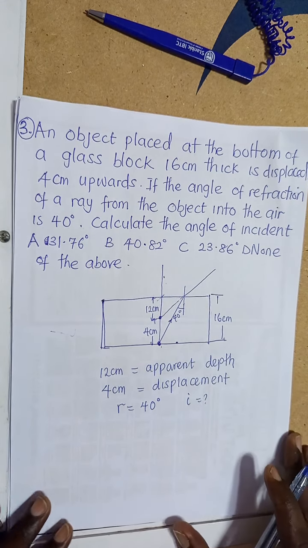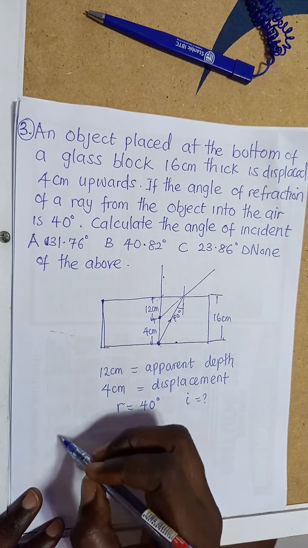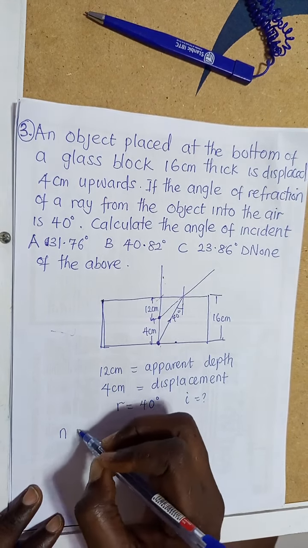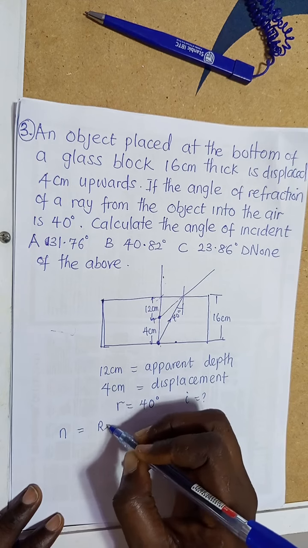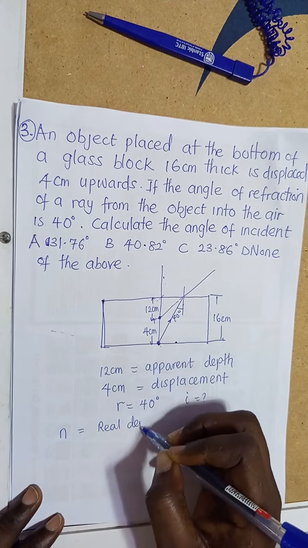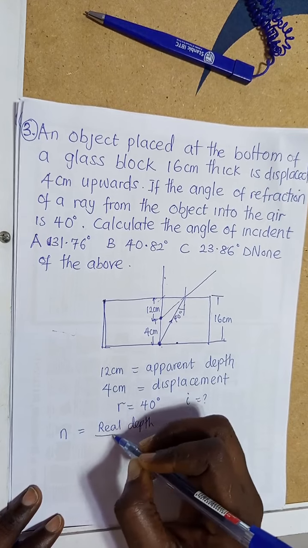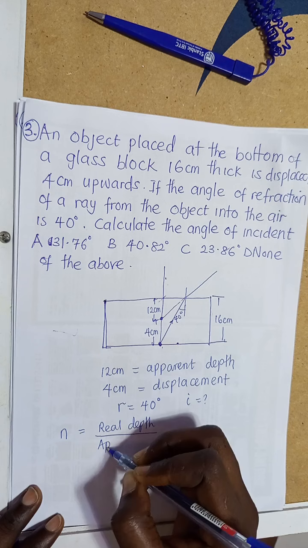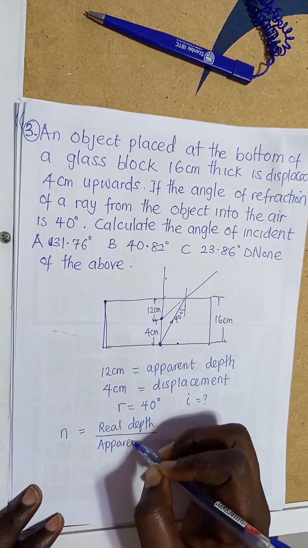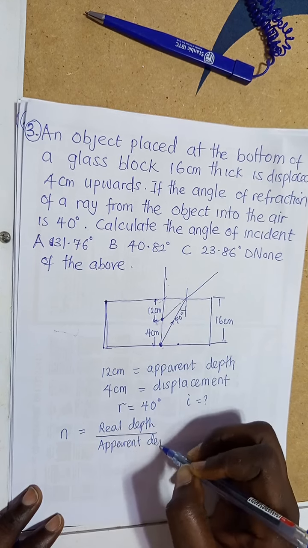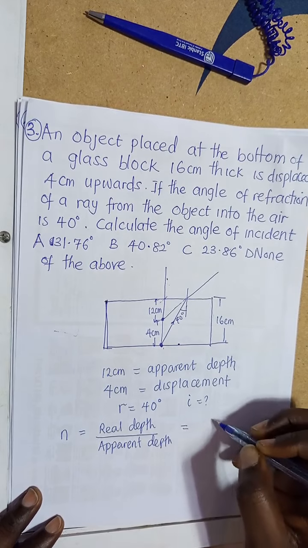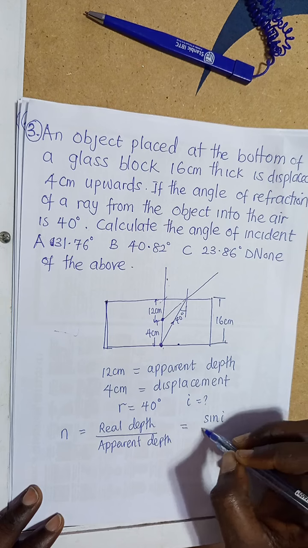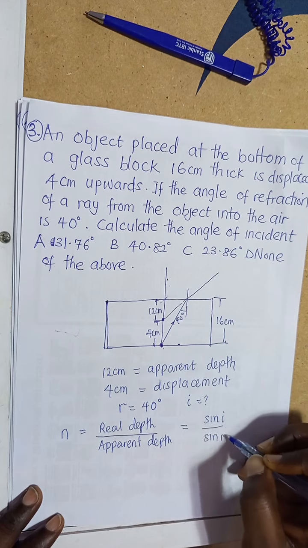If I want to do this, what I will simply do is use my n equals real depth divided by apparent depth, equal to sine i over sine r.